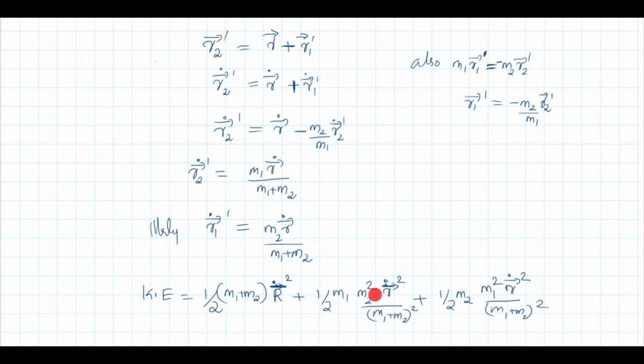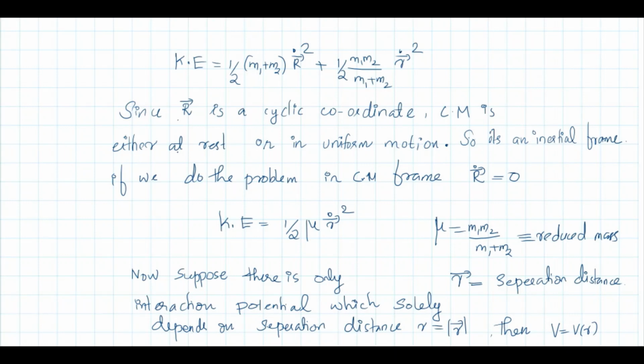The remaining will be, here you will have an m2, here you will have an m1, so that is m2 plus m1, and that m2 plus m1 will cancel with the square term in the denominator. So the final result is kinetic energy equal to half m1 plus m2 R dot square plus half m1 m2 by m1 plus m2 into vector r dot square. The first one is capital R, the position vector of center of mass, and the second one is small r, the separation vector.